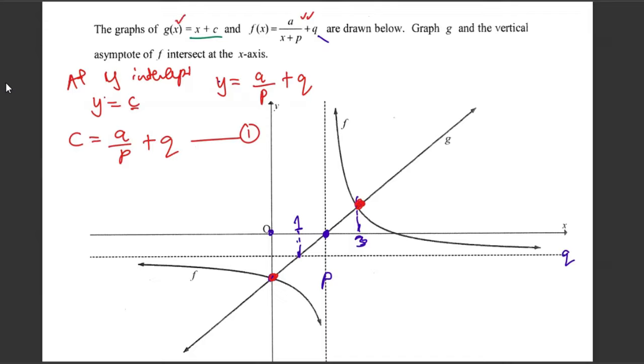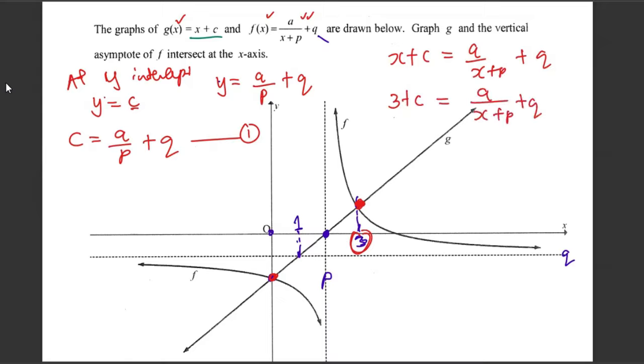So if I originally equate the two, meaning that x plus c is the same as a over x plus p plus q. But our x is a 3 here. In this case, the x was a 0. That's why we were left with this. So if x is a 3, we're going to end up having a 3 plus c is equal to a over x plus p plus q. We can call this equation number 2.